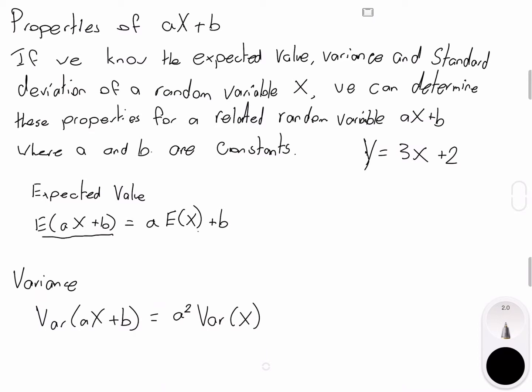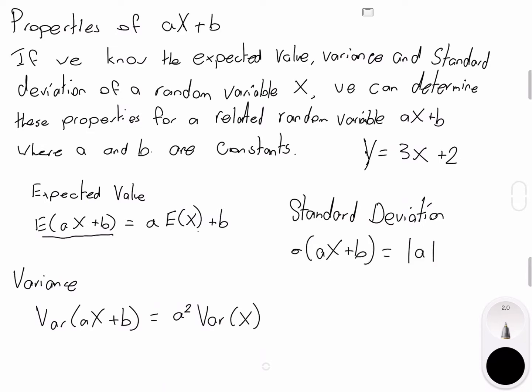And finally, our standard deviation of our new variable is going to be equal to the absolute value of a, so that's what those lines mean either side of a, multiplied by the standard deviation of our variable x.